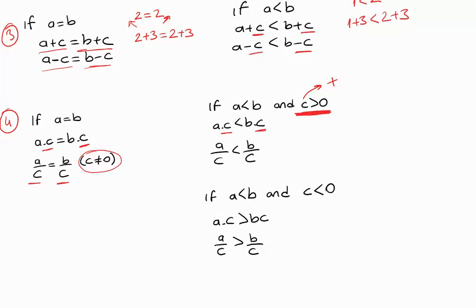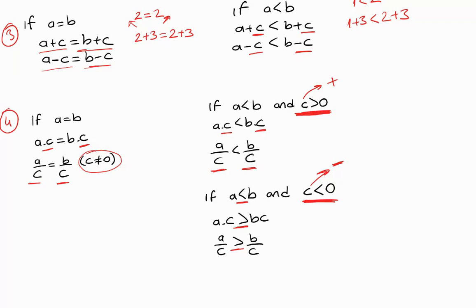And also if we divide both sides with C, it still doesn't change. But if our C is less than 0, which means it's a negative number, this less than symbol is changing to bigger than. Okay. If I multiply both sides, I mean, it will change the side.